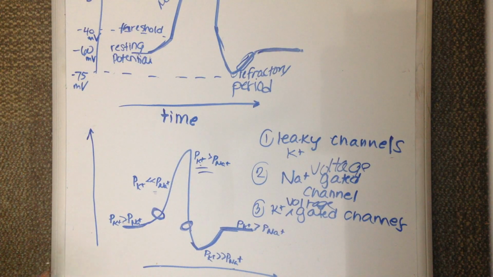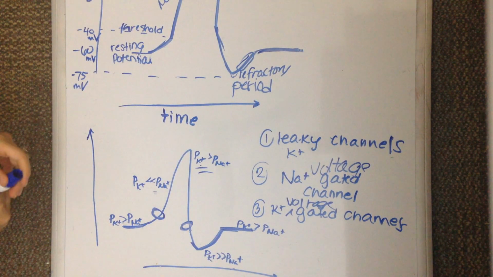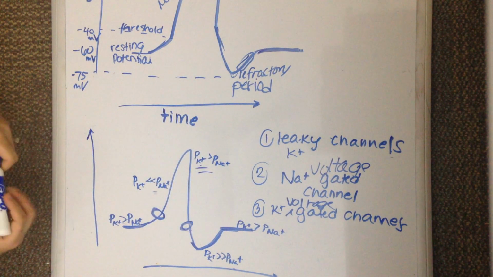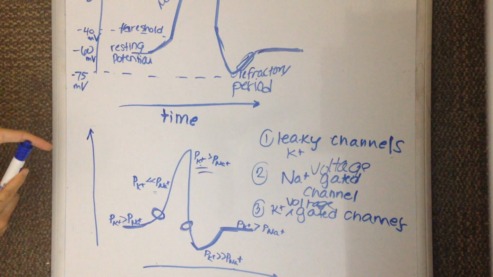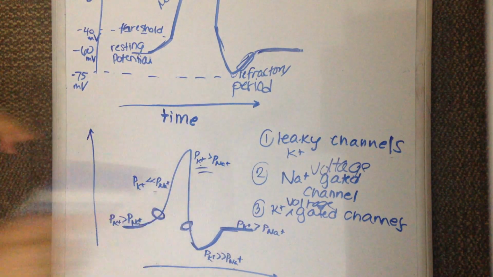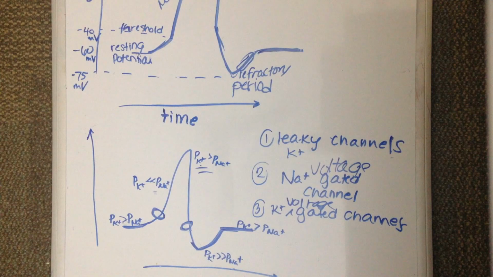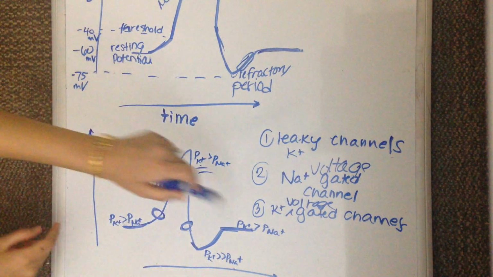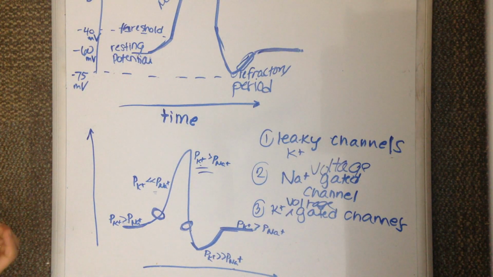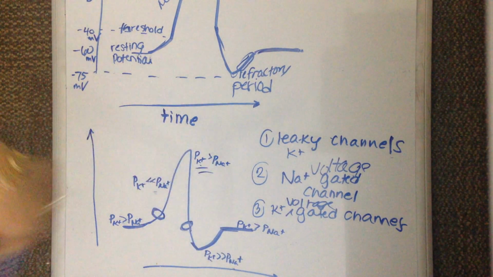So you start off with the resting potential, and first of all, there are 3 important channels that we are going to talk about today: the leaky potassium channels, the sodium voltage gated channels, and the potassium voltage gated channels. These are different. Voltage gated just means that there's a certain voltage that the cell must be at for these channels to open or close.